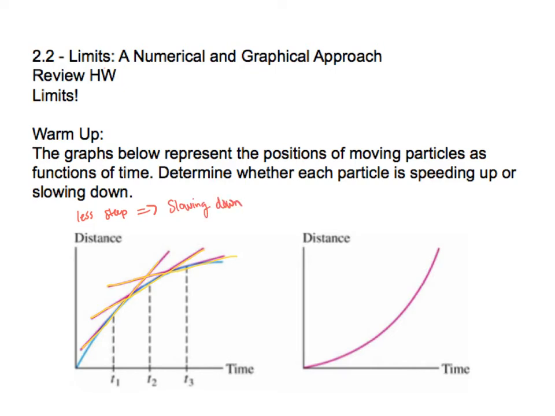If we did the same idea over here, and we take a look at a rate of change, a tangent line there, and there, and there, we can see that we are getting steeper, and therefore we are speeding up.